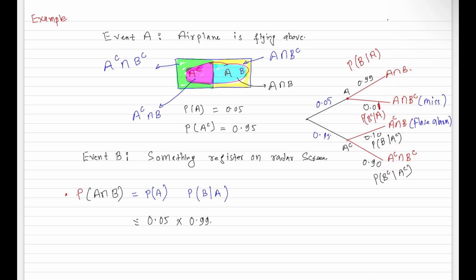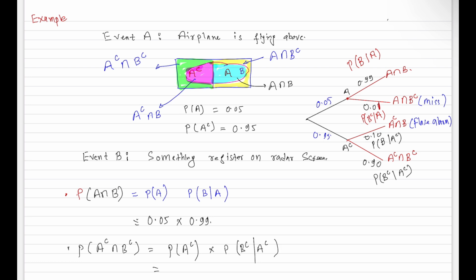So if someone asks what will be the probability that there is no airplane in the sky and the radar screen is showing there is nothing in the sky, that will be the multiplication of this probability and this probability. That is, event 1 has occurred, and under this condition, what's the probability of this event?